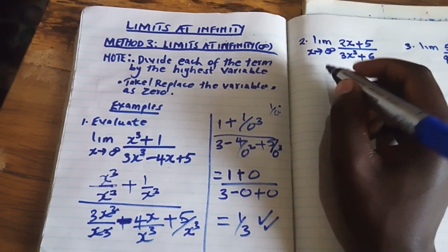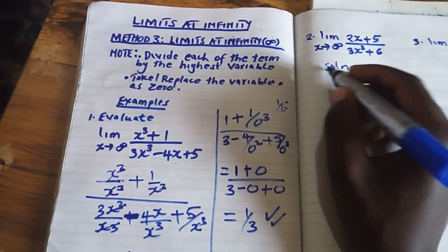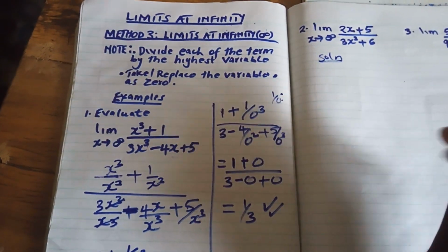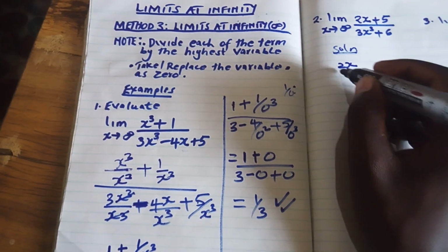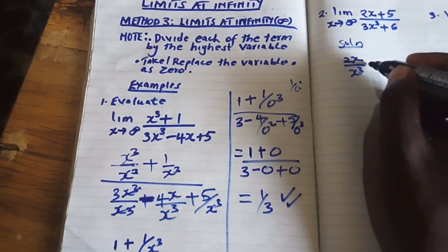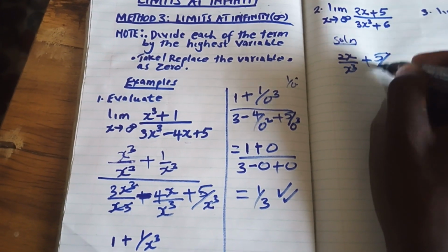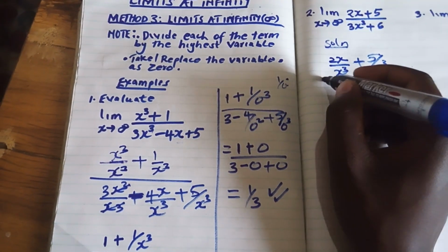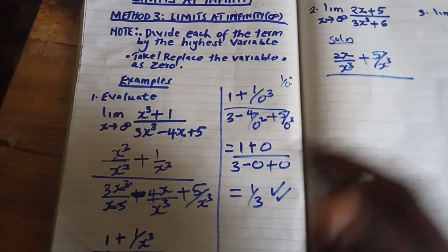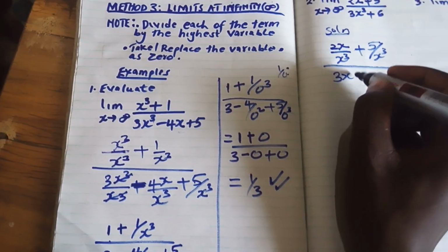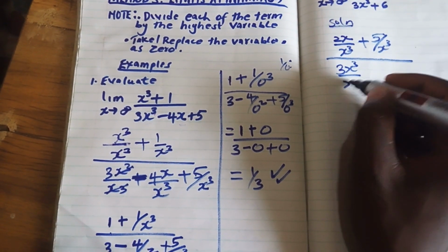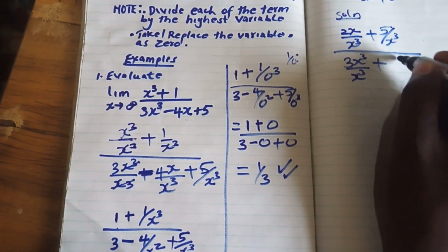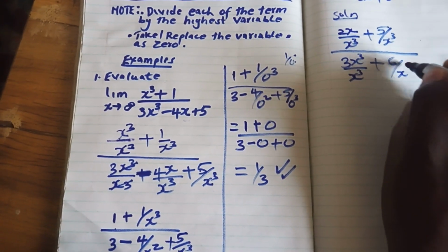Then our solution will be 2x divided by x cubed plus 5 out of x cubed, divided by 3x cubed out of x cubed plus 6 out of x cubed.